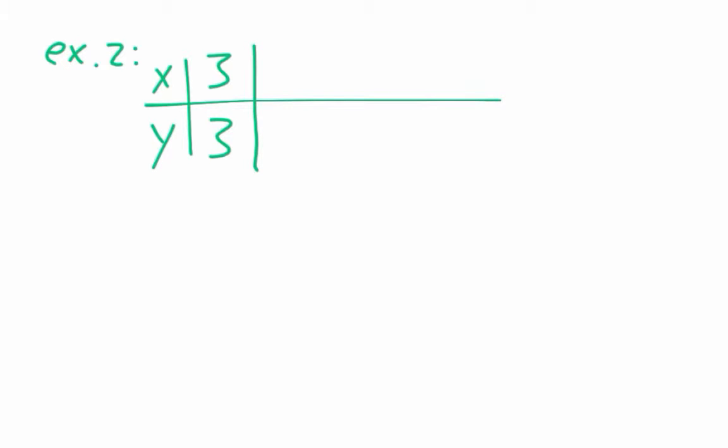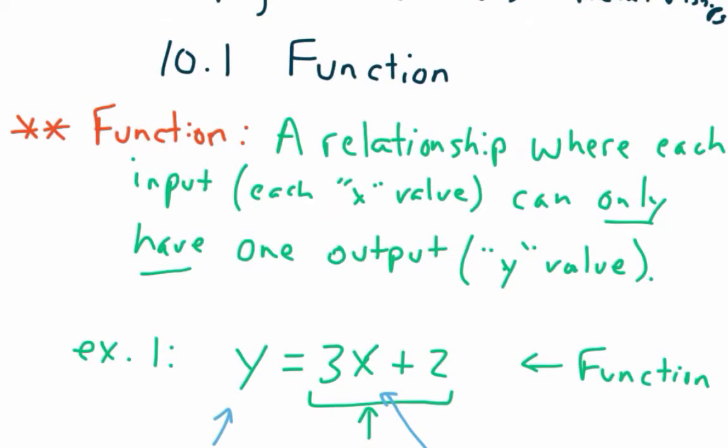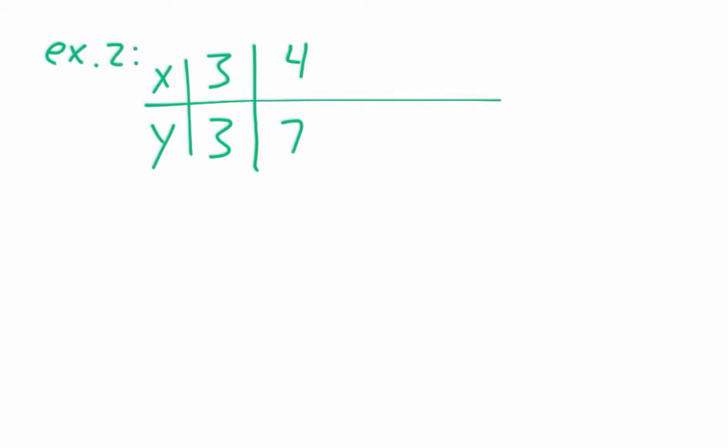When you put a 3 in for x, it's going to give you a 3 for y. Fair enough? So far it's a function. You put in a 3 for x, you get 1 y value. If I were to say 4, 7, still a function? Yes. Well, to check if it's a function, you just need to look at, does each x have only one y? So here, each x value has only one y for an answer.